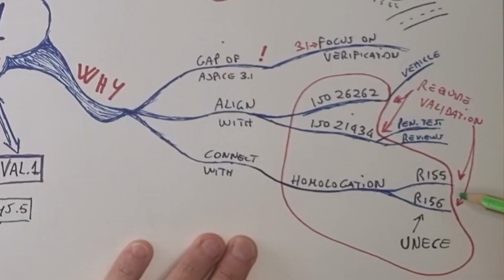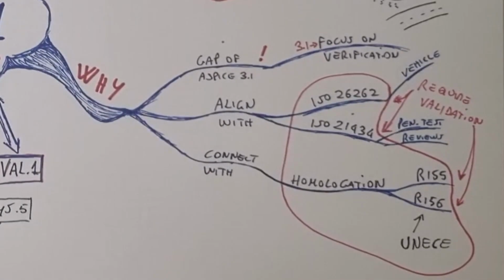Both of them require validation evidence showing that the system and finally the vehicle performs safely and securely in its intended operational context. For example, under R155, cybersecurity validation may include demonstrating that all relevant attack paths were considered and that the implemented cybersecurity measures are effective in real driving conditions.